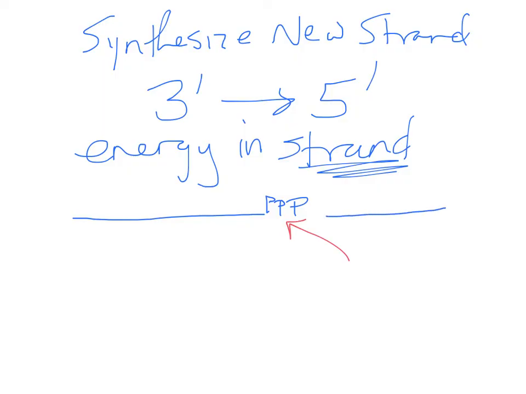So now you add a new nucleotide, so here's your new nucleotide. But that now has the energy for you to add another one. But let's say this one was wrong. If you removed it, then you would be left with a strand with no energy.